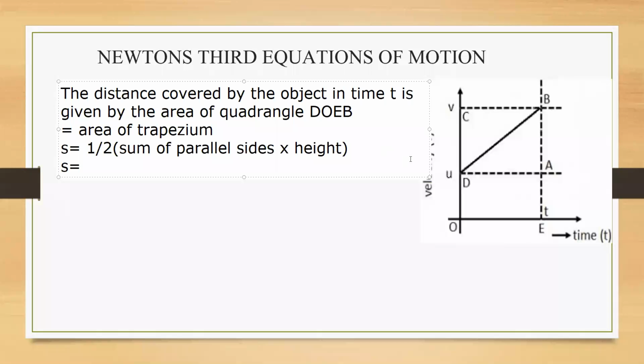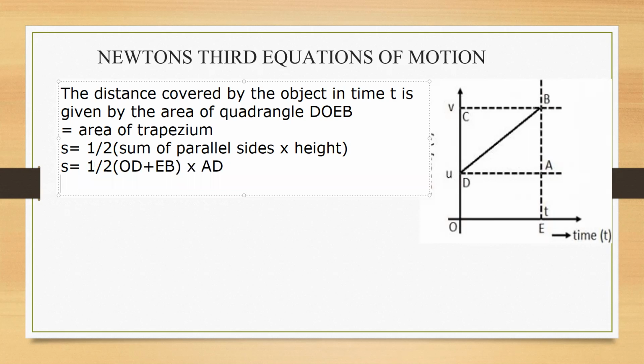Which are the parallel sides? OD and EB. So we can write half into OD plus EB into height. Height is AD.